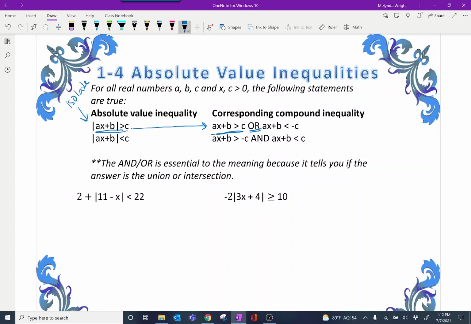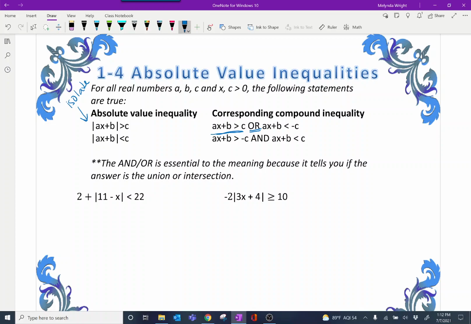Then our second option, the other option, or the or, we would write this left side the same and then switch the greater to a less than and change whatever is over here to the opposite. And that's how we would translate a greater or or. All right, let's look at the other option.